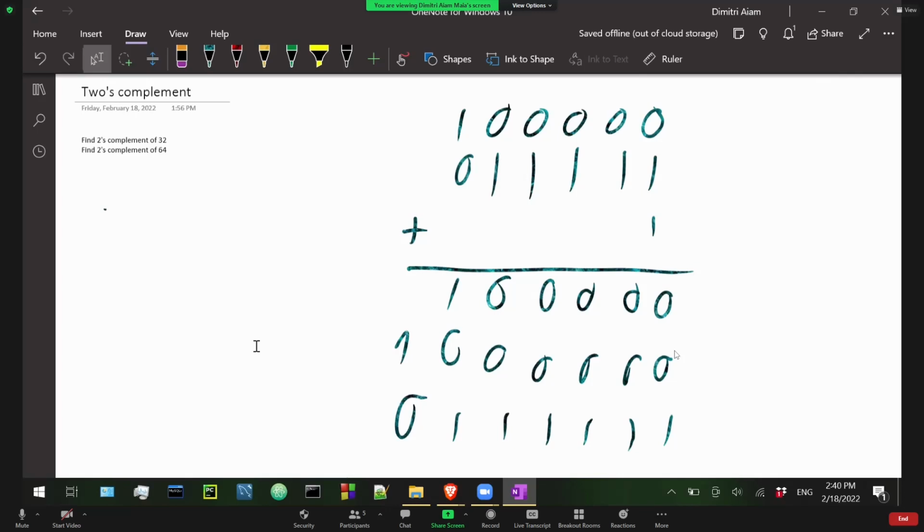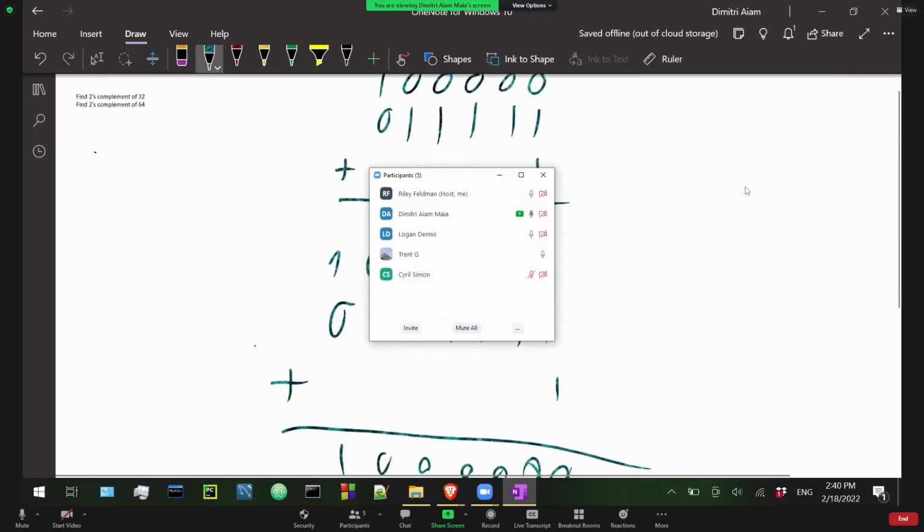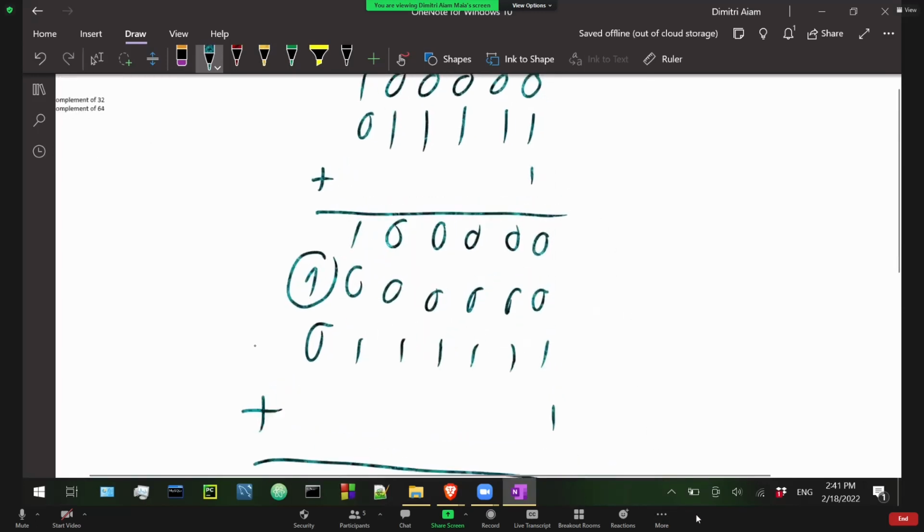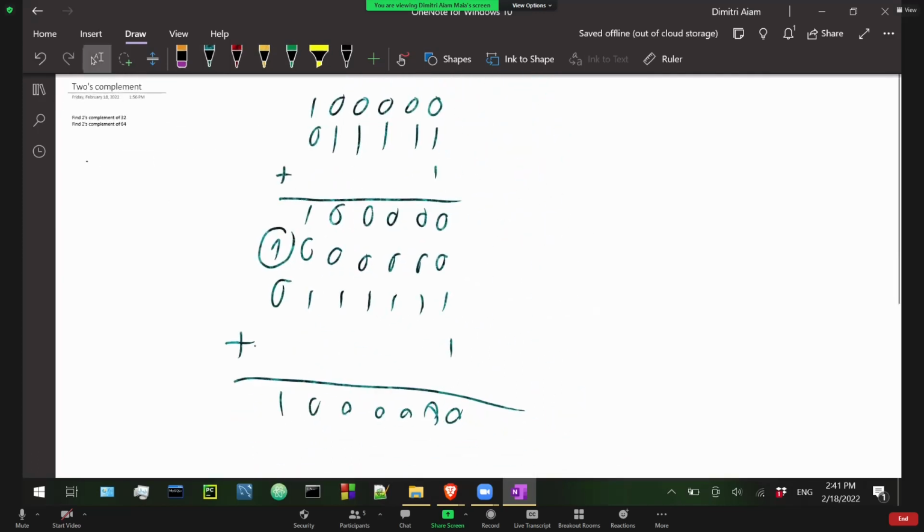So the difference between one's complement and two's complement is that the two's complement is only for negative numbers. So this number over here is reserved for negative numbers. If there's a one or a 0 in front, that determines what it is.